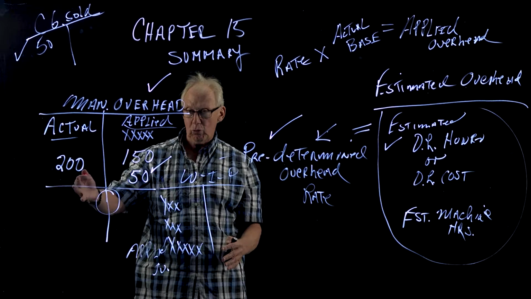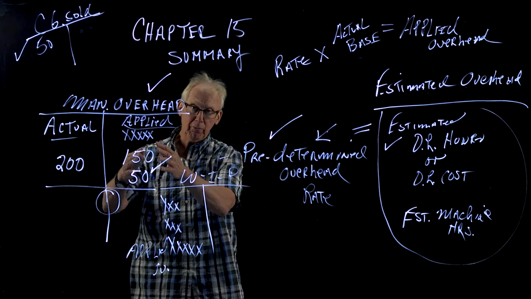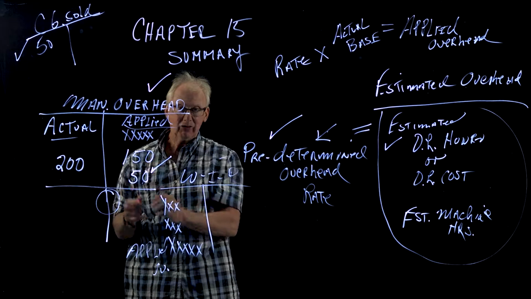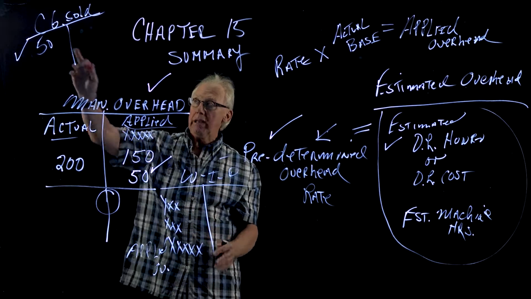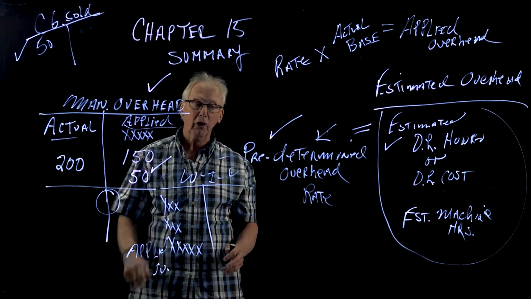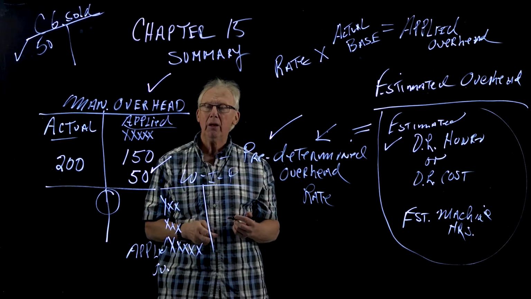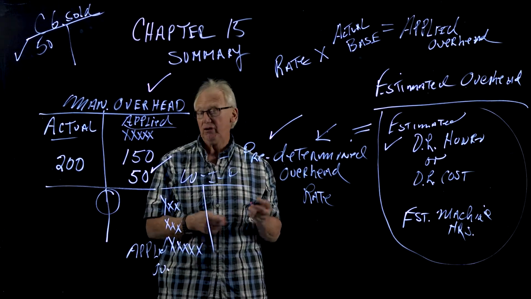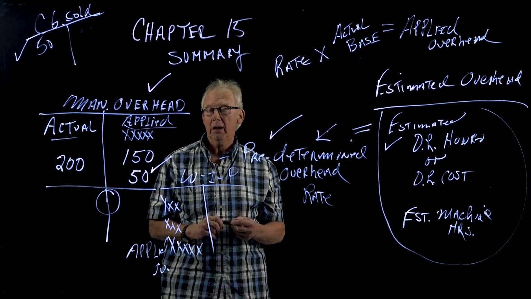When the actual overhead numbers come in, you compare what you applied to what actually happened, and the difference either increases cost of goods sold or reduces cost of goods sold. And that's the main concept that's in chapter 15 compared to chapter 14.